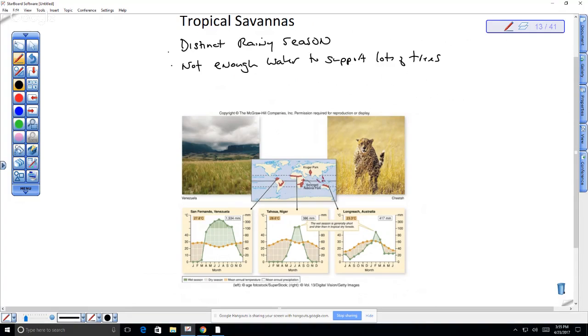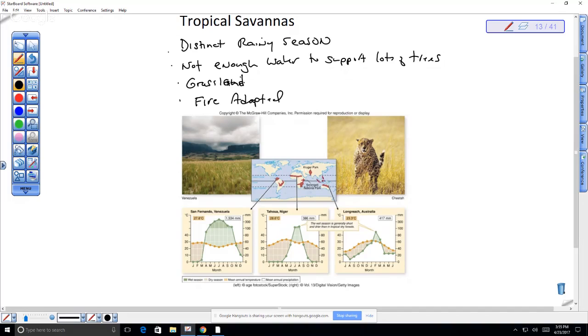Okay, so instead we have grasses. So this is a grassland. During the dry season, the grasses will dry out, and so it is fire adapted. We also have lots of organisms that can eat grass and have bacteria in their guts that allow them to digest the grass.